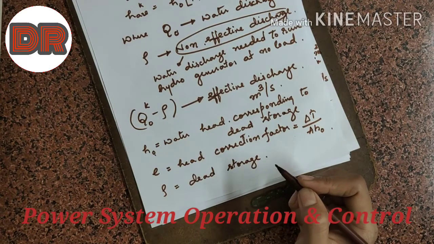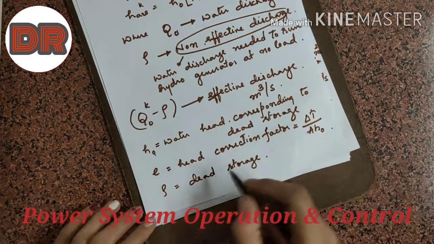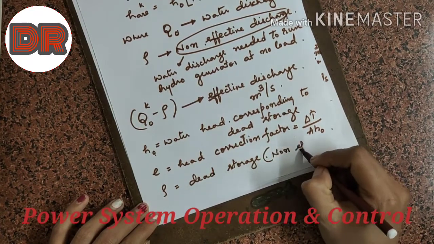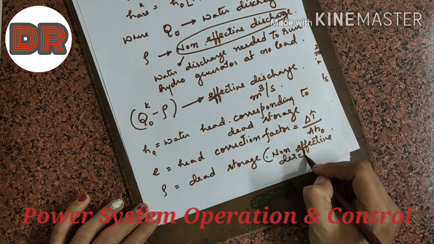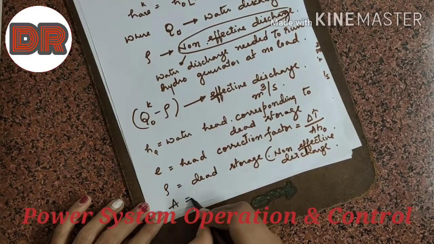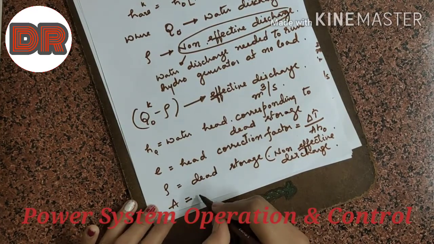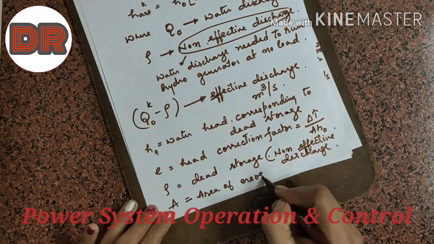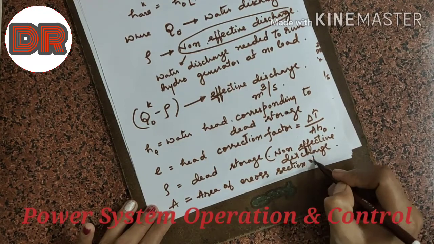And also we have seen it is nothing but inactive, non-effective discharge. What is A? A is nothing but the area of cross section of the reservoir.